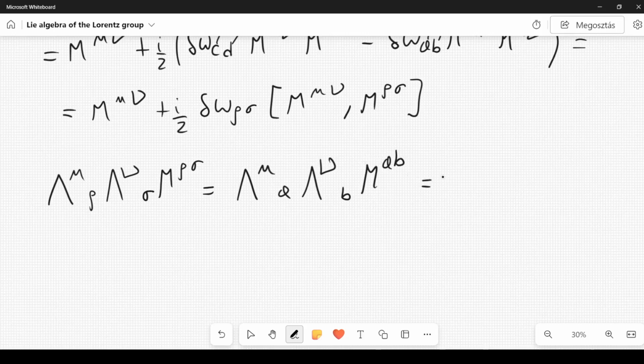Now we use the usual infinitesimal transformation, so we have the identity here, but in this case, since we are using these indices, the identity becomes the Kronecker delta mu A plus the small change delta omega mu A, not mu alpha.